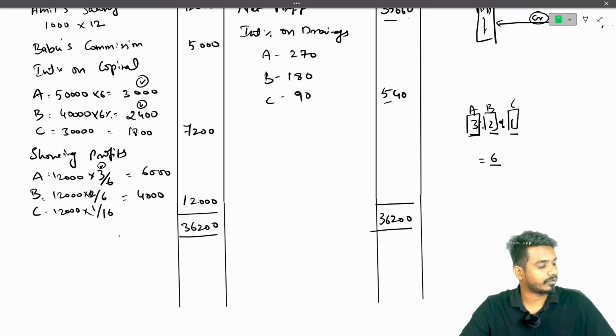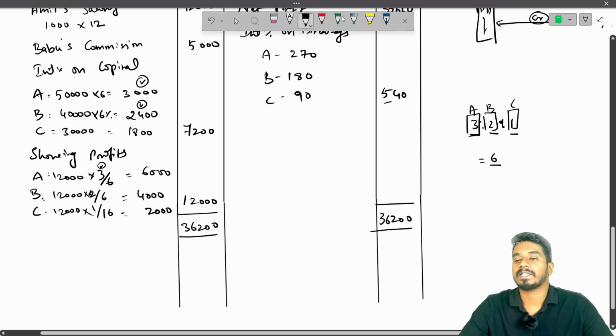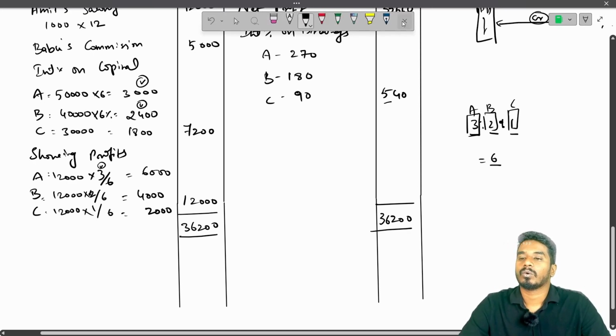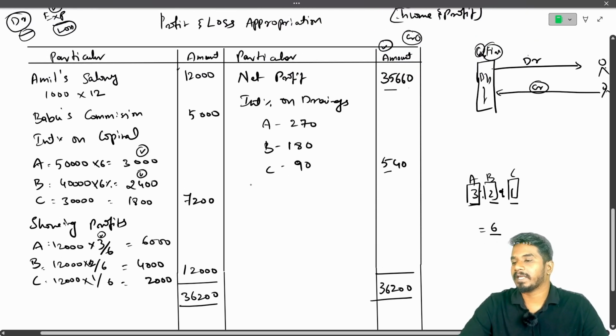And also for C, it is 12,000 into 1 divided by 6 equals 2,000 rupees. Right. So this is how you need to calculate the profit. Whatever profit we got, that profit we need to share among the partners. So this is how we need to prepare the profit and loss appropriation account.